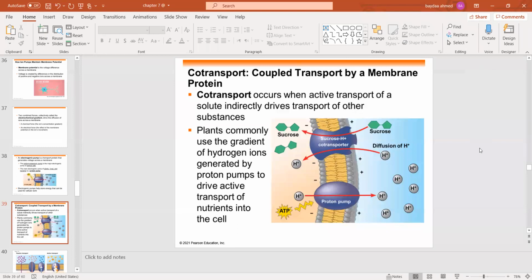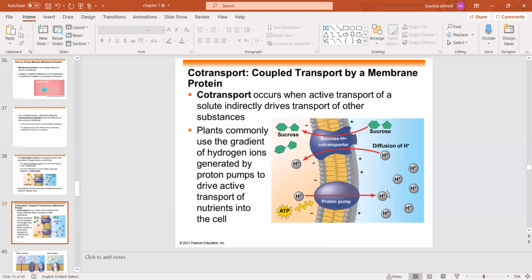A solute that exists in different concentrations across a membrane can do work as it moves across the membrane by diffusion down its concentration gradient. This is analogous to water that has been pumped uphill and performs work as it flows back down, in a mechanism called cotransport.